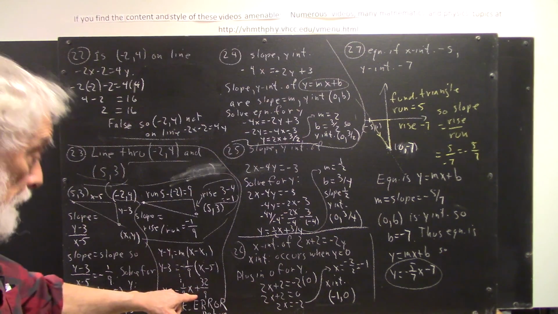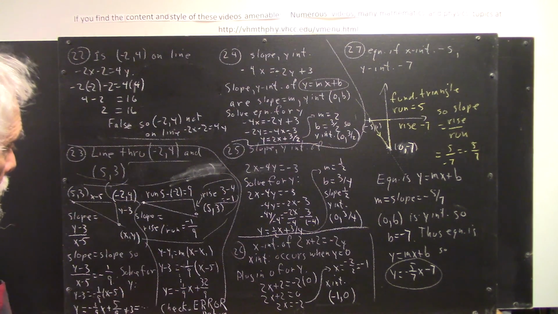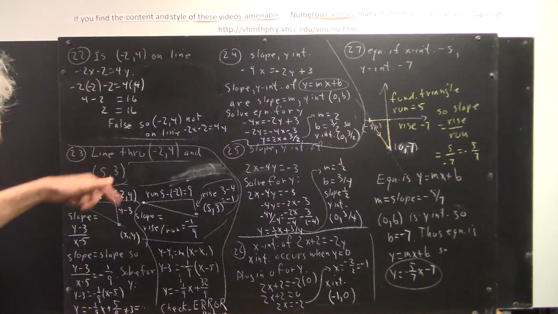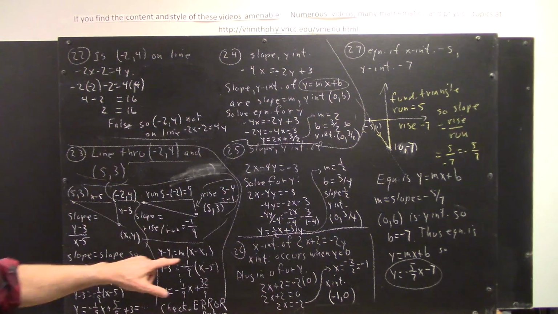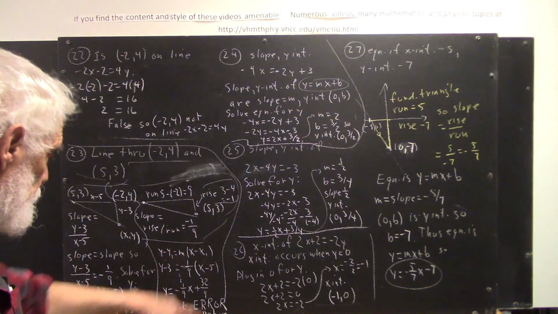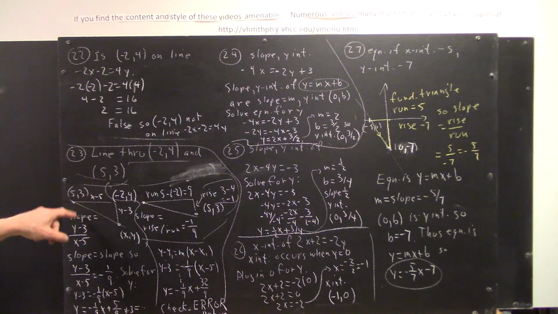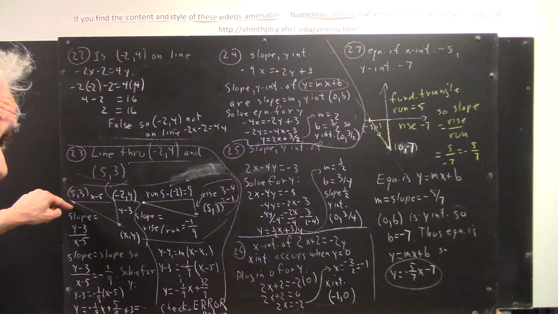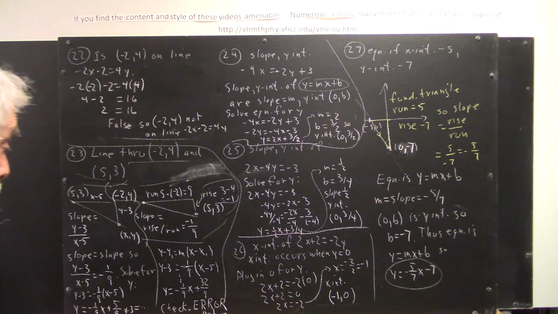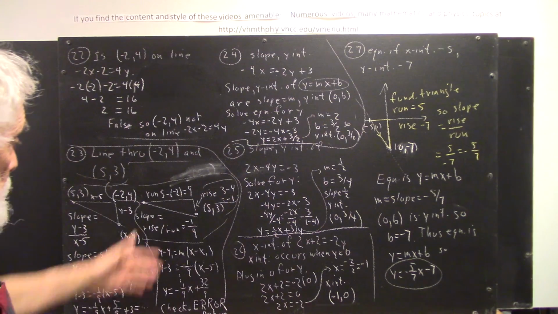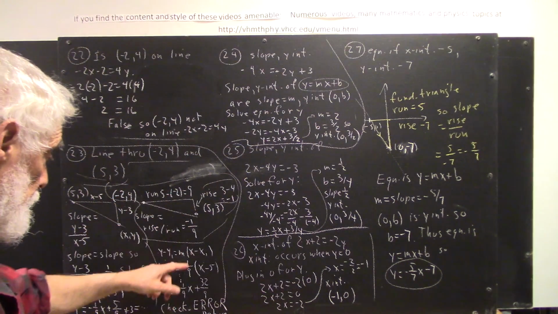Then I plugged in the point that I didn't use with my point-slope form, the point that I used with the point (x, y) on the line. So I went back to the slope that I got here and I plugged that in.